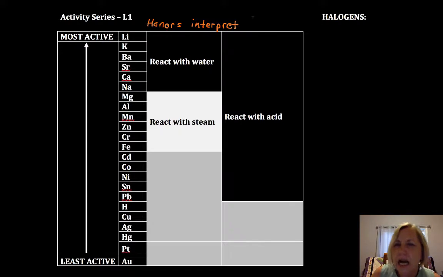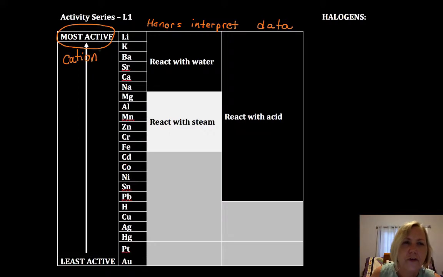For AP and IB and hence first year college chemistry, you may see this, but it's much more likely you are going to have to interpret data of how metals react compared to one another. And understanding this activity series can help you wrap your mind around that. Now, when we talk about activity of metals, the most active metals want to become cations.